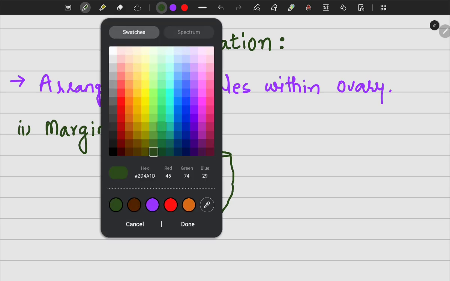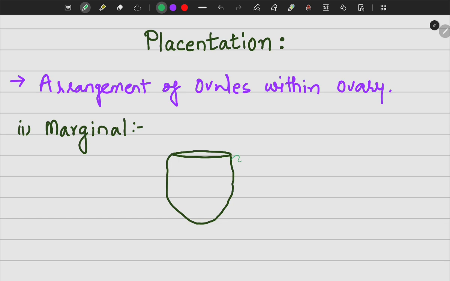Suppose this is the placenta. So it forms a ridge near the ventral suture of the ovary. So on the ventral side or on the ventral suture of the ovary, placenta forms a ridge, and along this ridge the ovules are present in 2 rows like this.